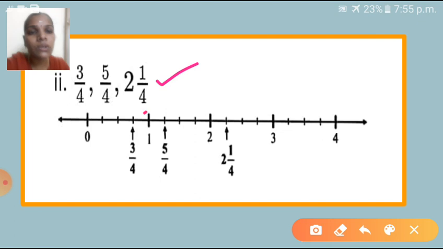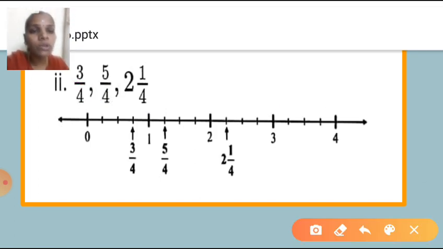So this is a unit. So here 4 units we made. Next one is that every unit we have to divide into equal parts. How many equal parts we have to make? Yes, 4, because your denominator is 4. So every unit we have to divide into 4 equal parts.